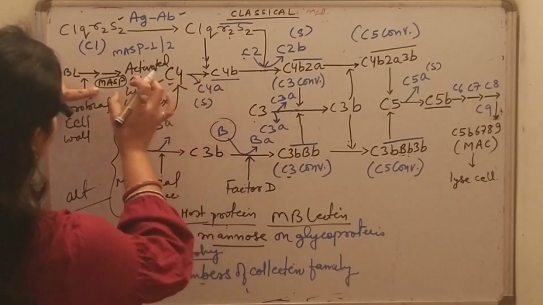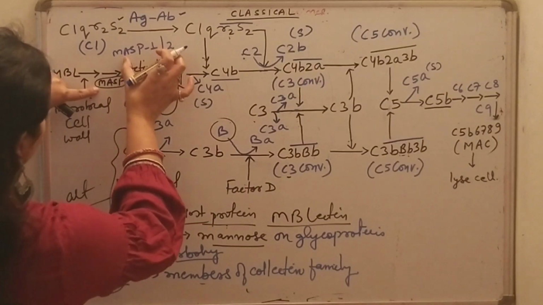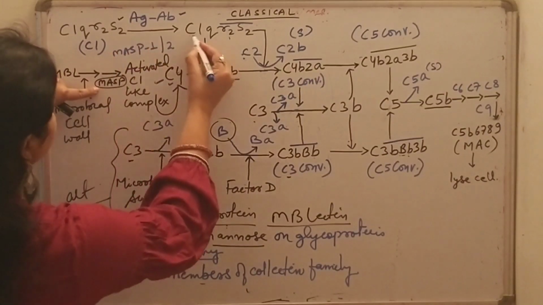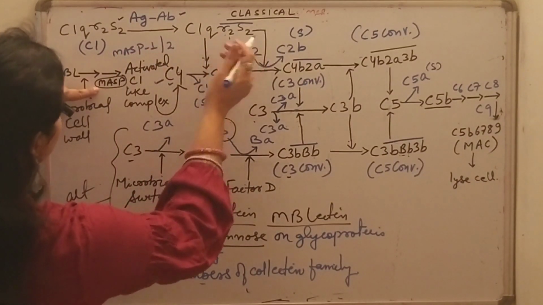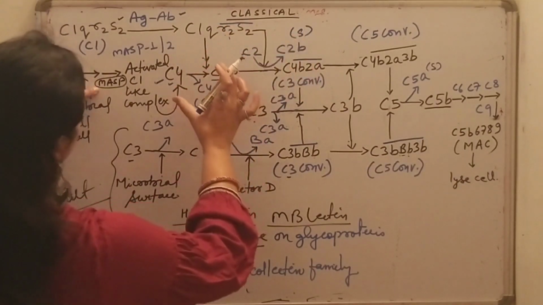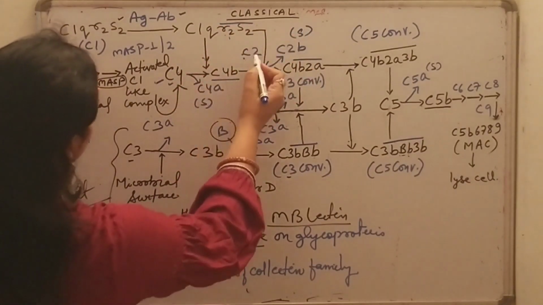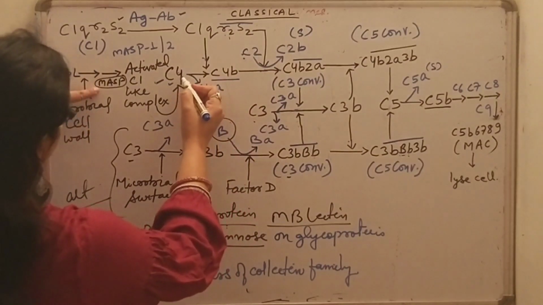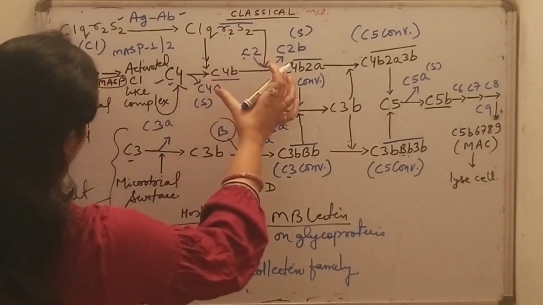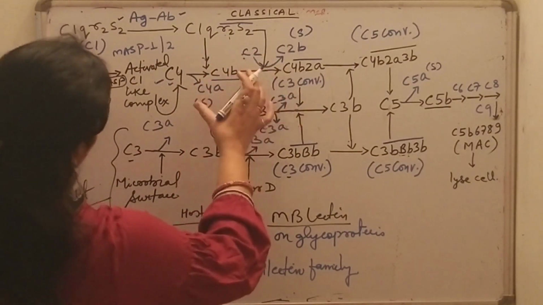The MASP1 and MASP2 proteins are structurally similar to C1r and C1s, and their activities are almost similar. After it activates the C2 as well as C4 components, a convertase is formed, and there is no need of antibody binding.